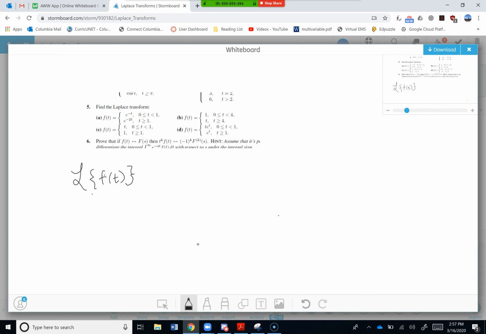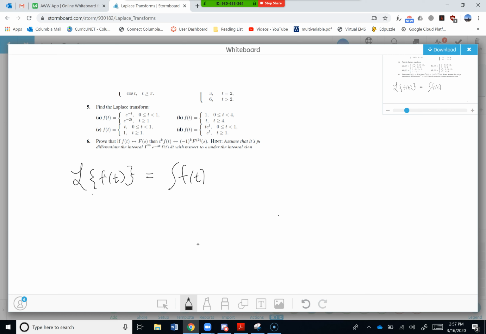All right, so we're Laplace transforming f of t, which really should be the integral of f of t times what? Okay, now you're going to have to unmute your microphone to answer a question.